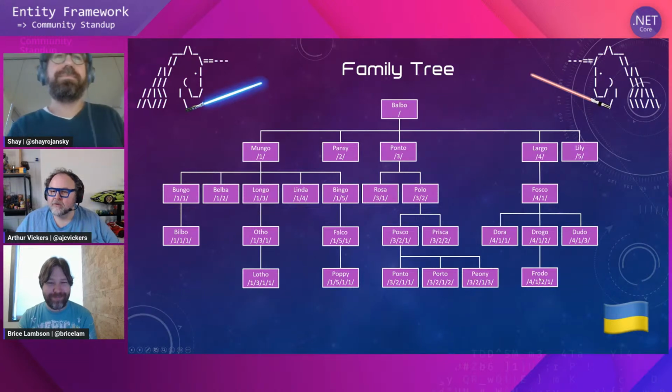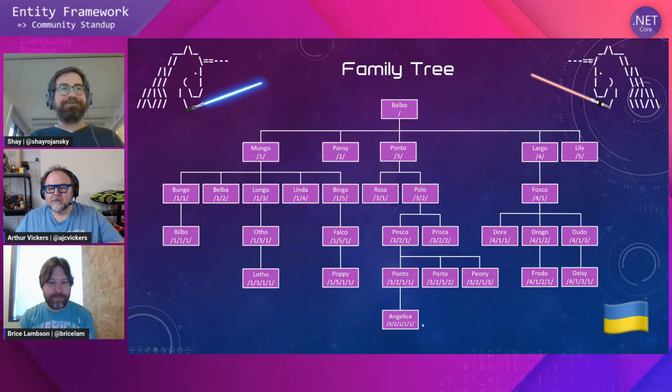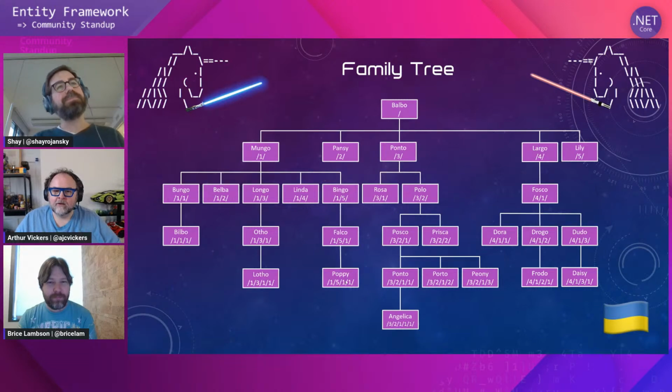So 4121. And then I think we've got 2 more in here, yeah. And then Angelica's the only 5th level one we have right now. So this is basically what we mean by a tree structure, a hierarchy. Now, like I said, in Postgres there's a bit more flexibility in this, but let's stick with the SQL Server convention just to start with.